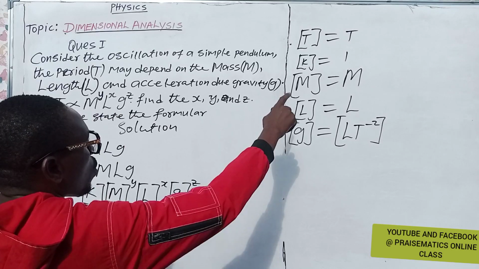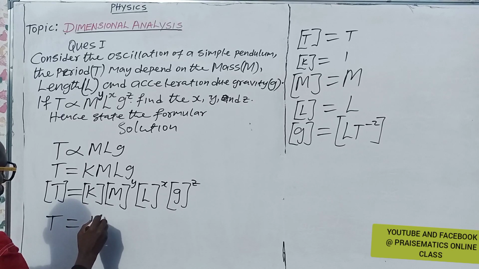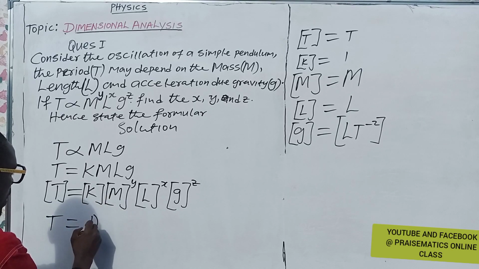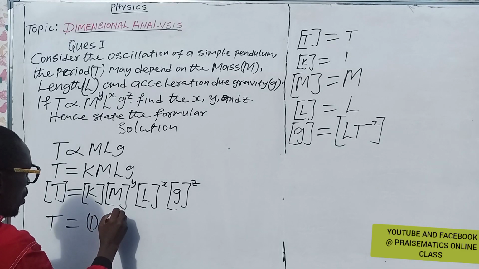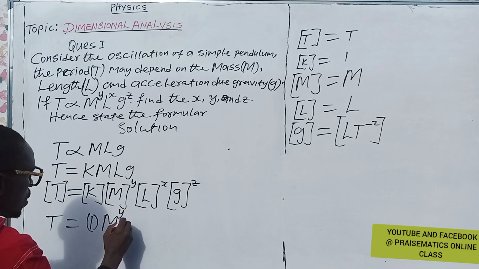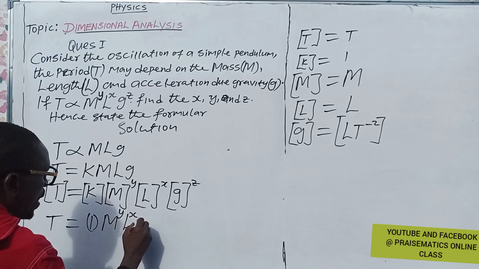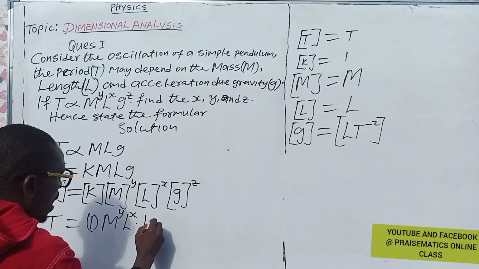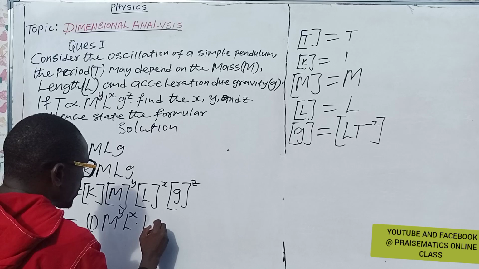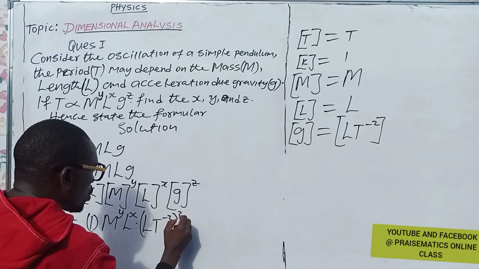So what do we do now? We replace all these things here. So the dimension of this one is T. It's equal to the dimension of k, which is 1, times capital M raised to power y, capital L raised to power x, and L T raised to power minus 2, all raised to power z.